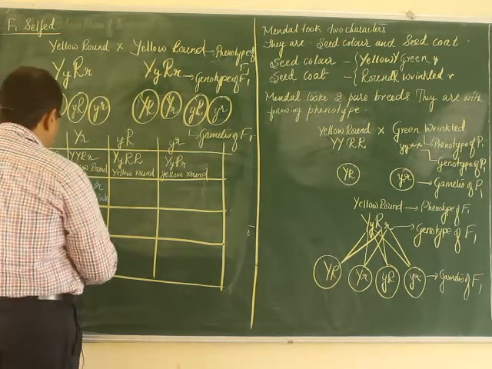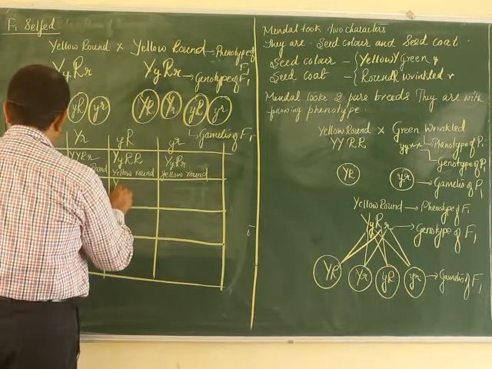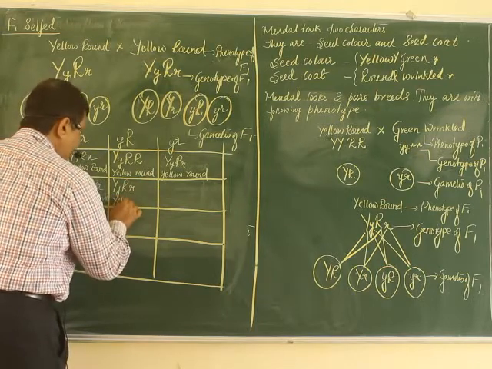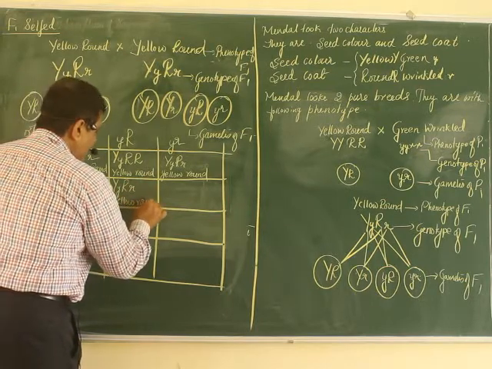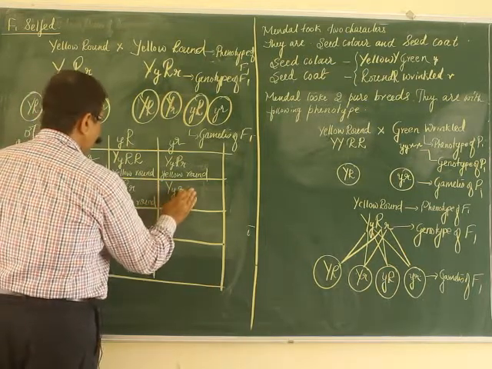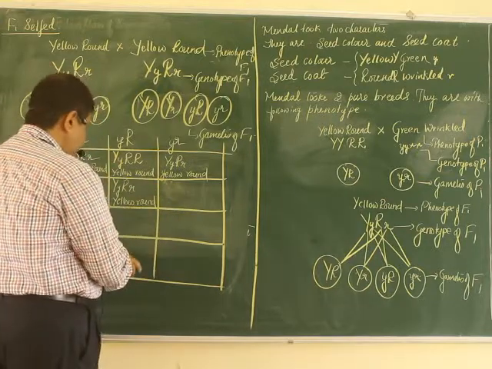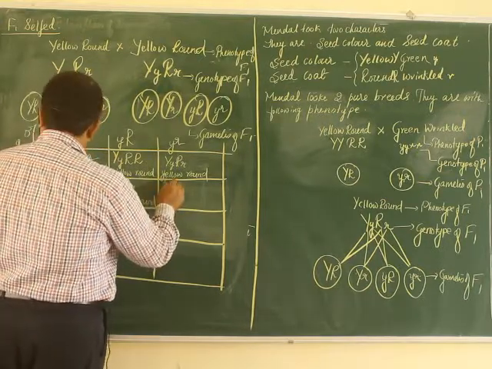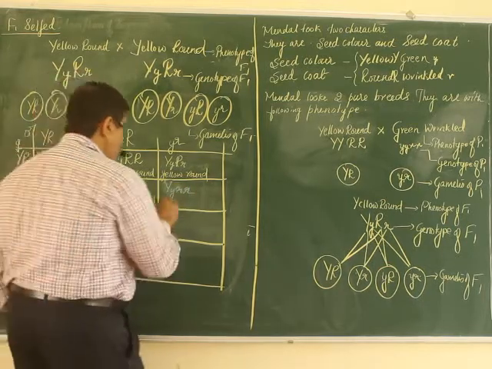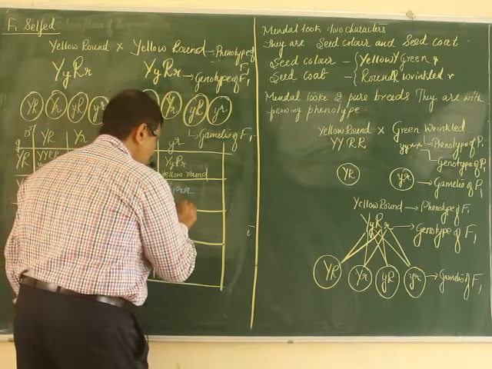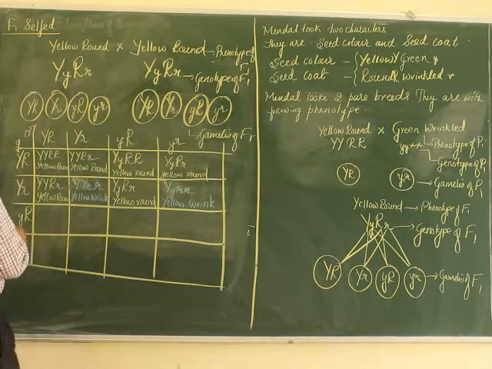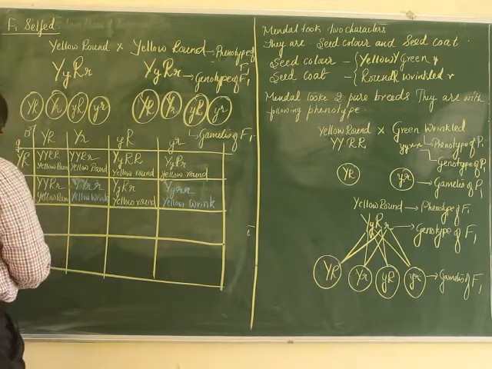Then capital Y, small y, capital R, small r: yellow round. Then capital Y, small r, small r, I'll write in blue color because it is easy to identify. That is yellow wrinkled.